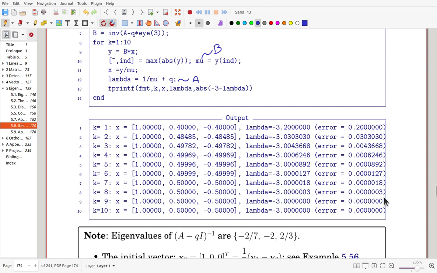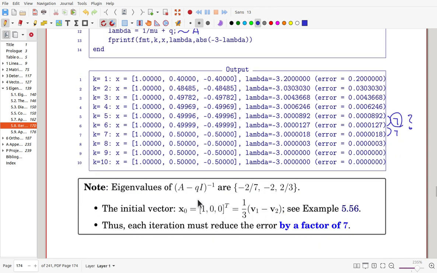Now because of round-off, it looks like 8 times, but if you go over there, it's about 7 times. That is reduced 7 times, and again 7 times. Why do we have this 7? That's the question here.